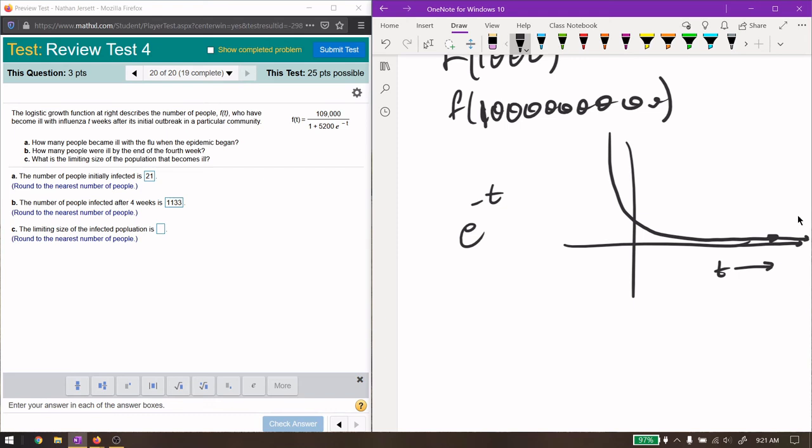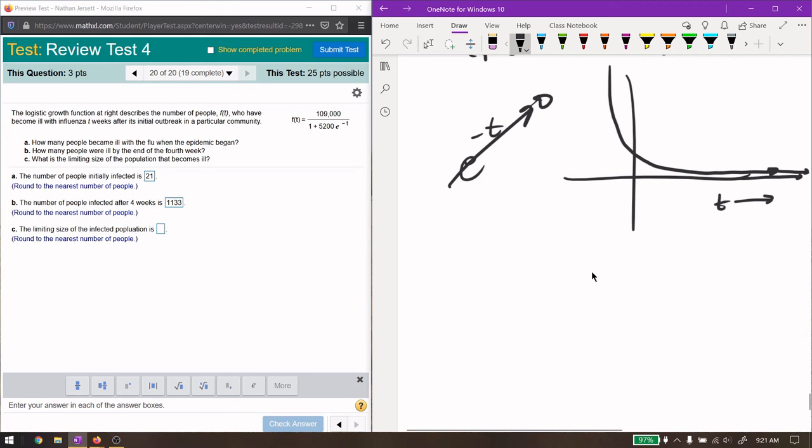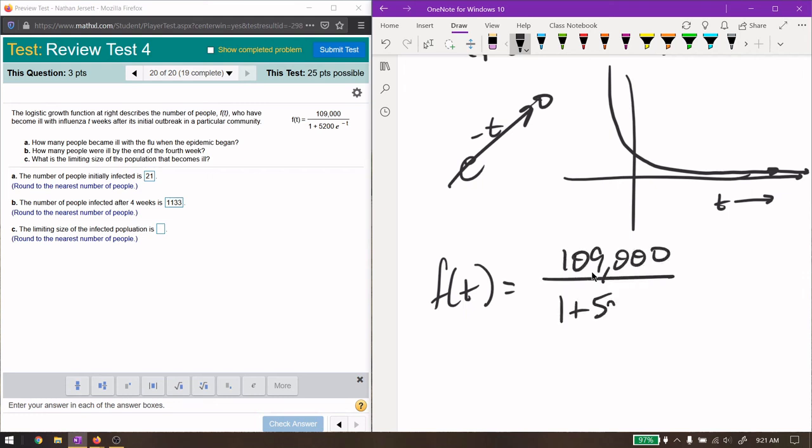So really, this thing just goes to 0. So we can think of this like this. f of t equals 109,000 over 1 plus 5200 e to the negative t. This thing just goes to 0.